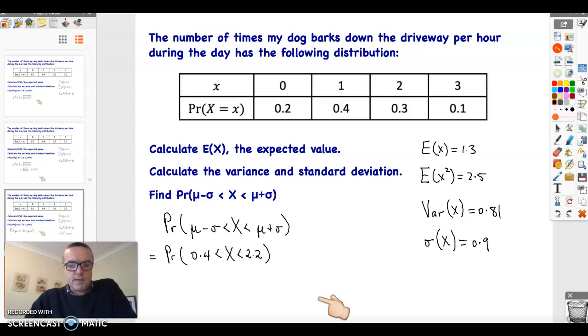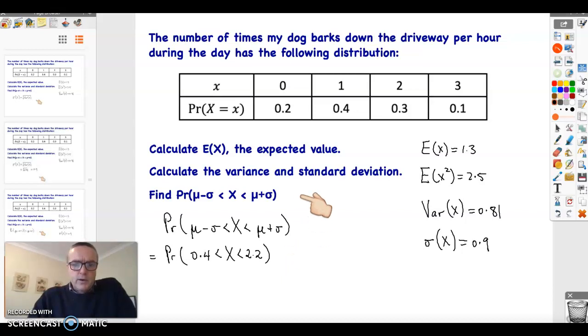So in our particular case, the mean, which is 1.3, minus the standard deviation is 0.4, and the mean plus the standard deviation is 2.2. So another way of wording this problem is, what is the probability that the variable lies within one standard deviation of the mean, within one standard deviation below and above the mean.